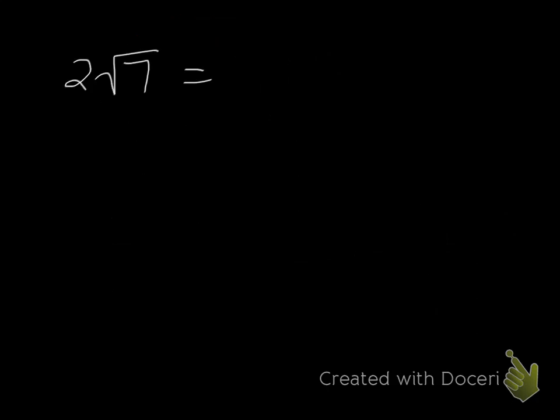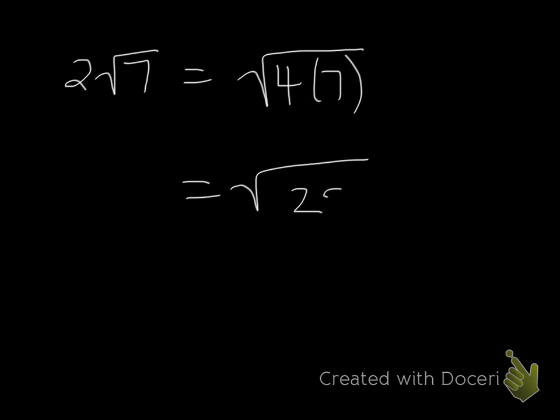We wish to write this as an entire radical. We understand that 2 is the root of square 4. Algebraic simplification on the inside. Finished.